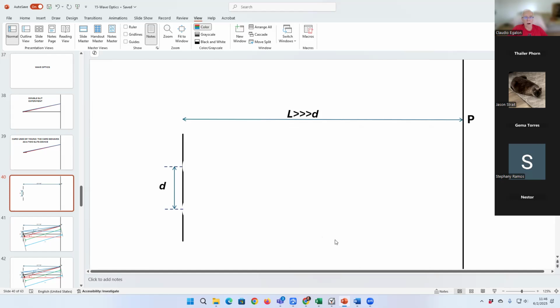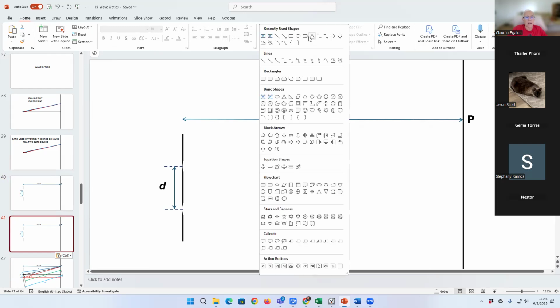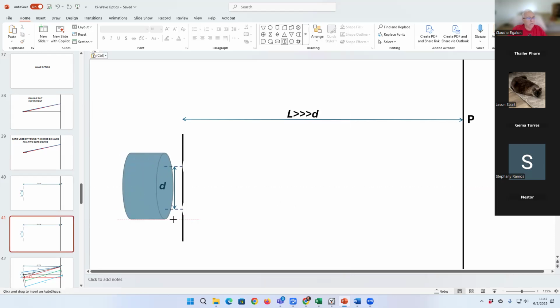Now, we have a light beam that's incident on the left side. I'm going to draw this light beam as something like that.